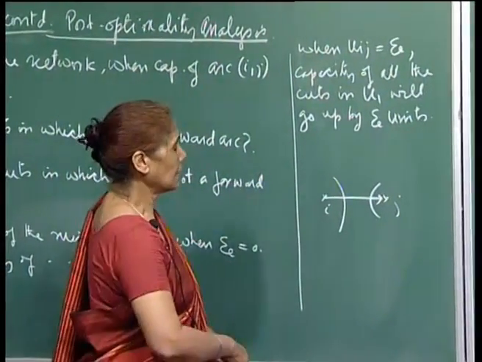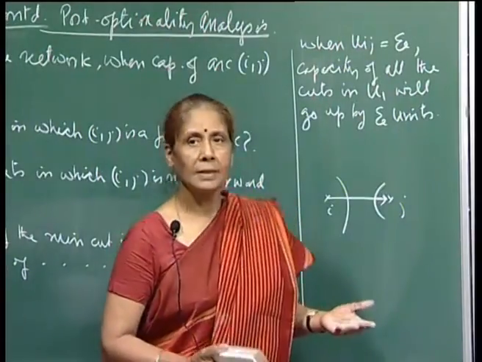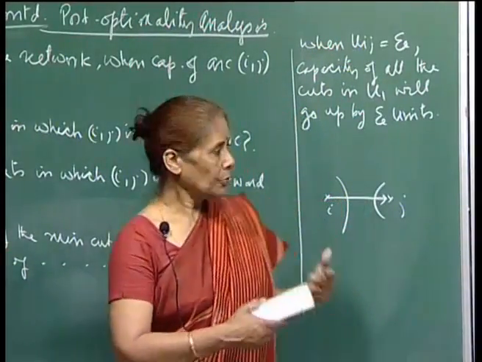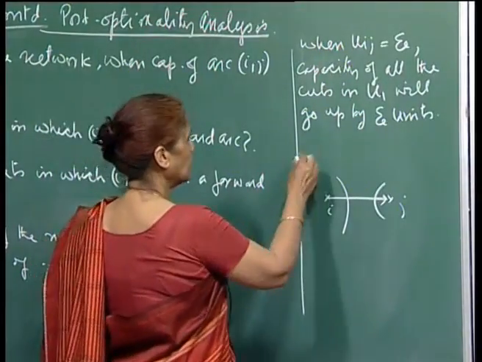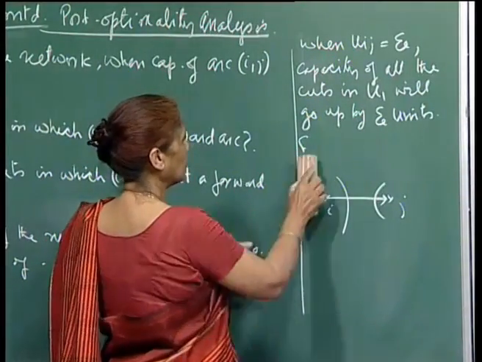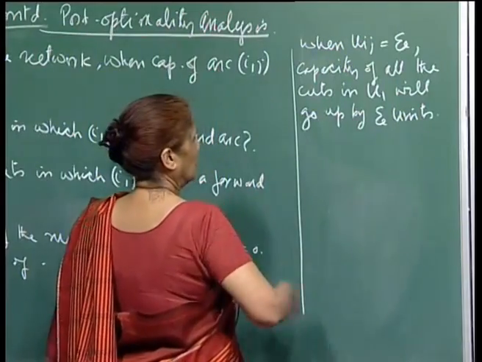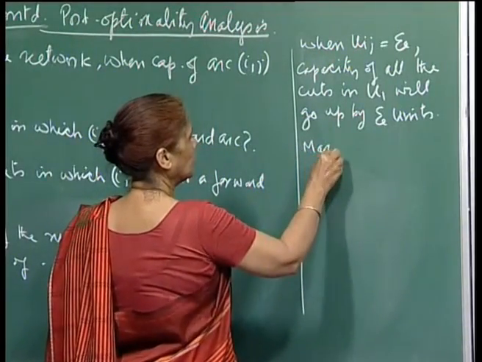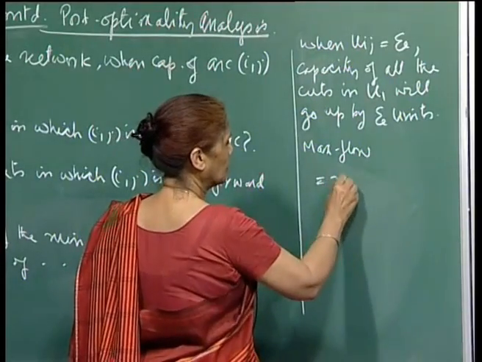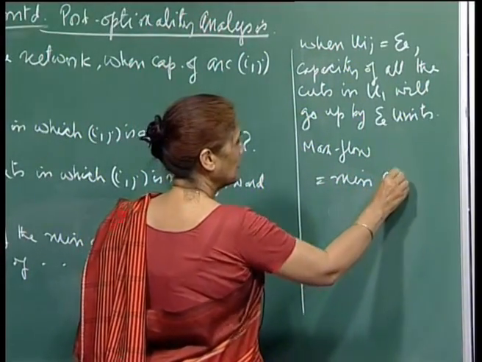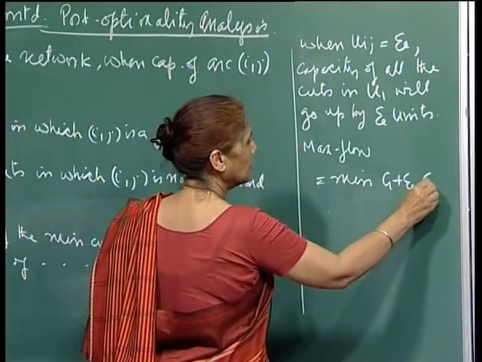So, the minimum capacity will also go up by psi units. And so, now we say that the max flow in the network is equal to the minimum of C1 plus psi and C2.